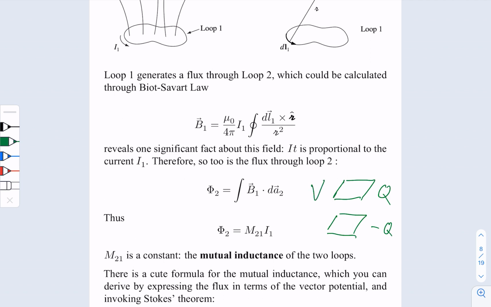So the voltage and the charge Q also have a linear relationship, and there is a constant called capacitance that relates the charge Q and the V. Here this mutual inductance is of a similar idea.